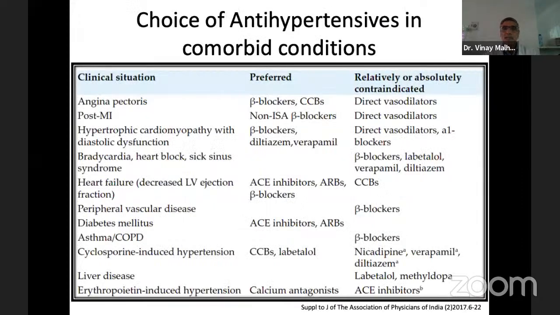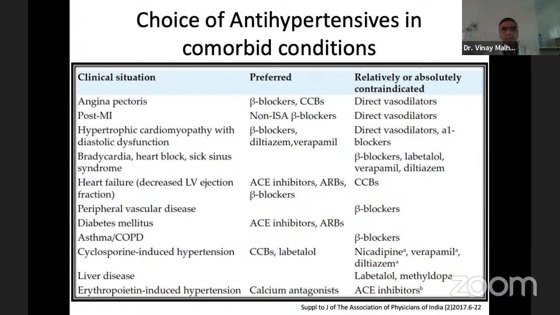So how to select any antihypertensive drug in CKD? If there is proteinuria, early CKD, prefer RAS inhibition. Then if it is not controlled on RAS, you can combine it with calcium channel blocker. You can use diuretic if there is salt and water retention. Beta blockers these days are not preferred as the first line antihypertensive in CKD.